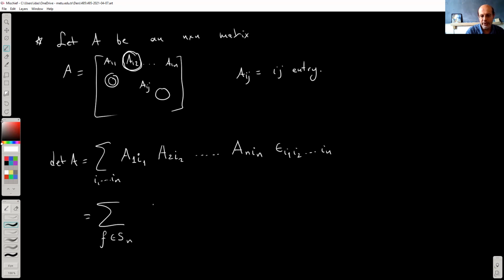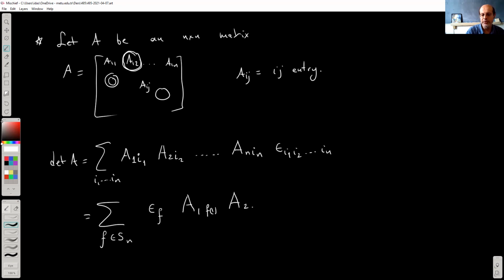So I'm going to write the signature of the permutation multiplied with, this time, I'm really permuting the column index. So instead of I1, I'm going to write f of 1. That's basically the image of the entry 1 under the permutation.